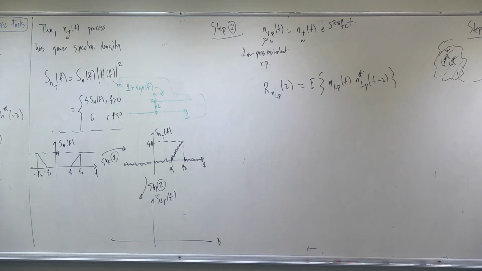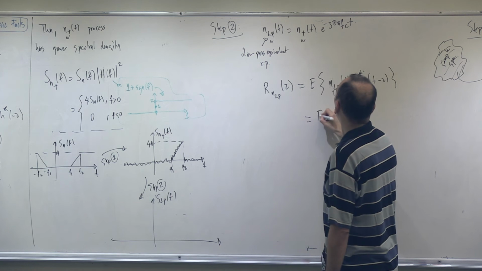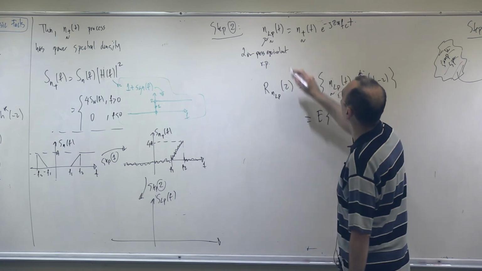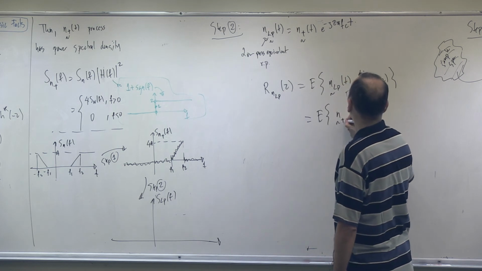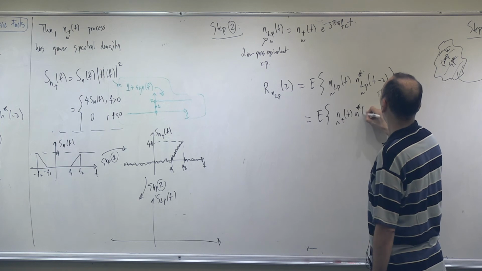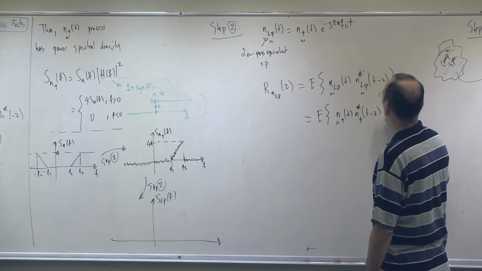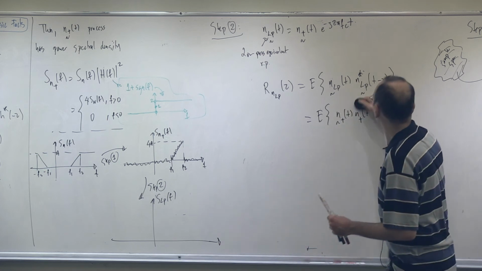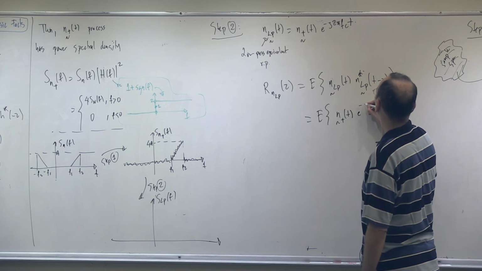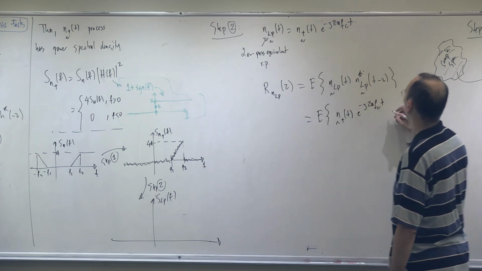Am I right? So I should do this. Let's see. Expected value of. So this is my random process. This is the analytic. Wow. Let me write it over here, not to get confused. This one, as it is.